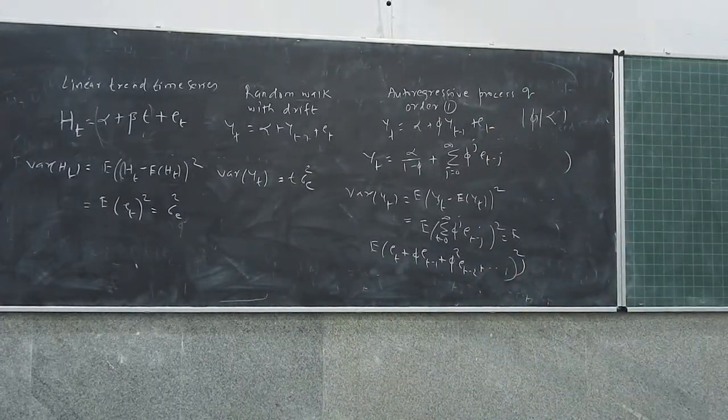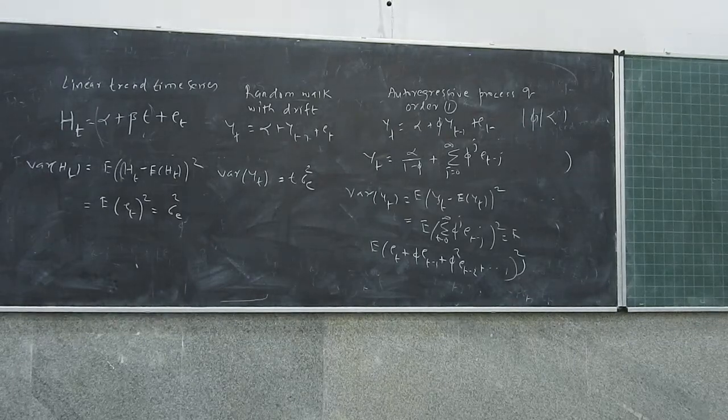What is the variance of alpha X plus beta Y? Alpha square variance of X plus beta square variance of Y, if the covariance between X and Y is 0. So what will this be?